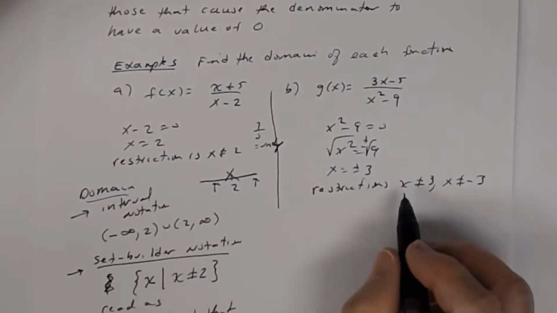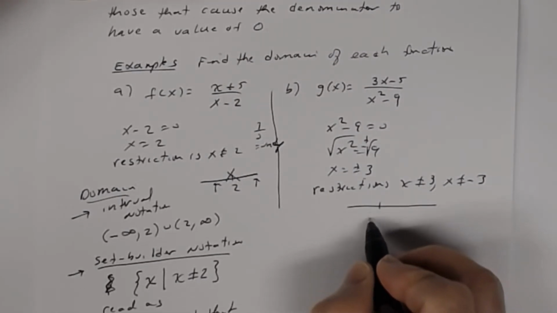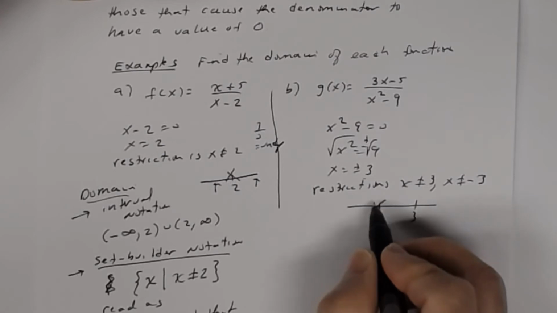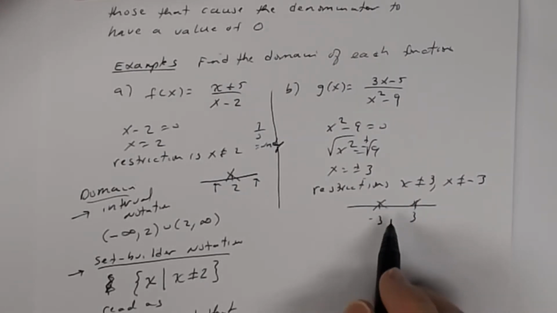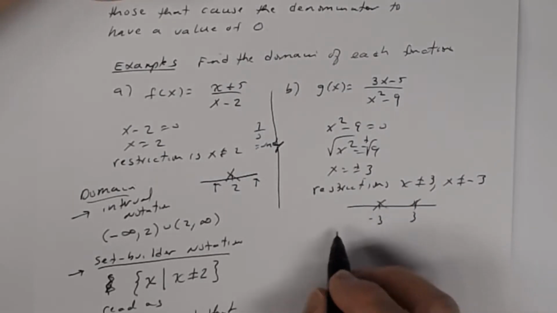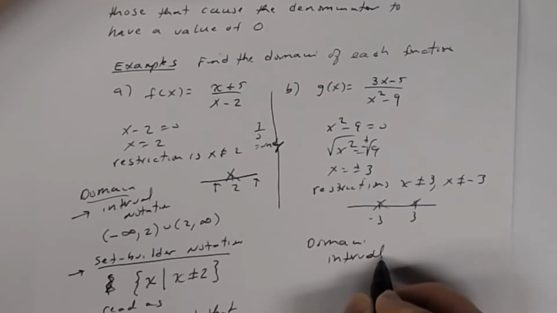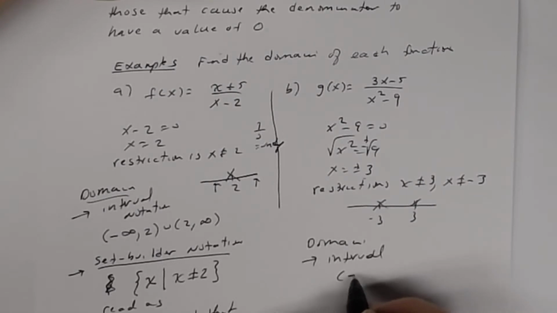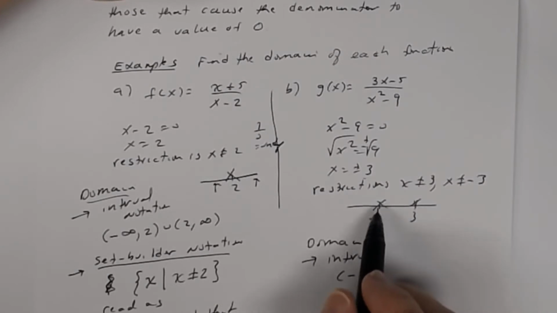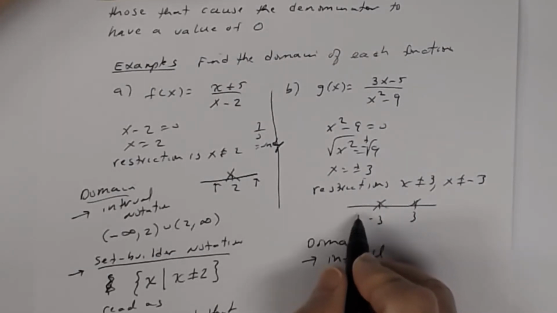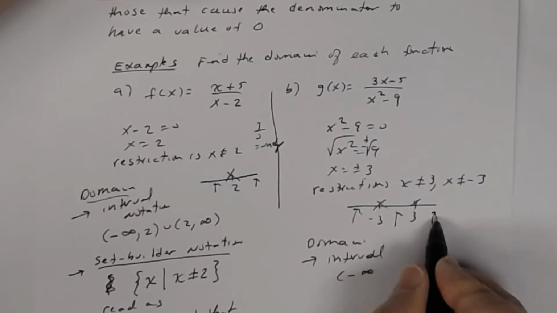Now you're going to put that on the number line. Negative 3, 3, put them in order, and cross those out. That's how you did this when finding the domain. So the domain as an interval: before I write it, notice that when I crossed out those 2 restrictions, it divided the number line into 3 intervals.